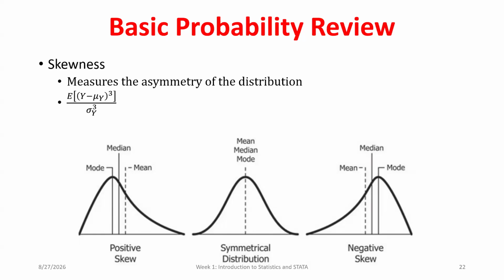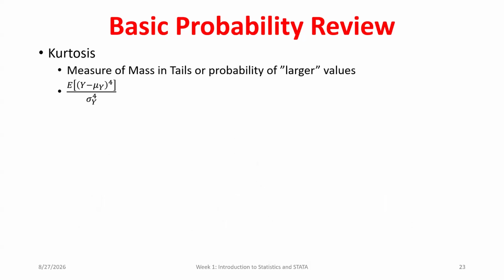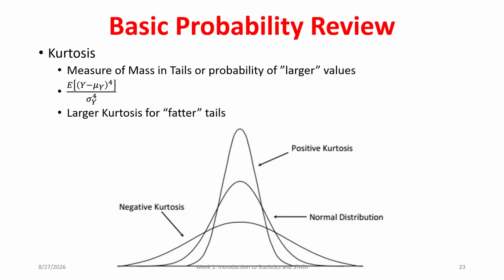We can keep moving, and I won't make you do calculations on this, but we just want to have in mind that we can take different measures. So we have kurtosis, which is essentially a measure of how fat my tails are. It's closely related to variance, but I'm just mentioning another thing you might have seen in your statistics class.